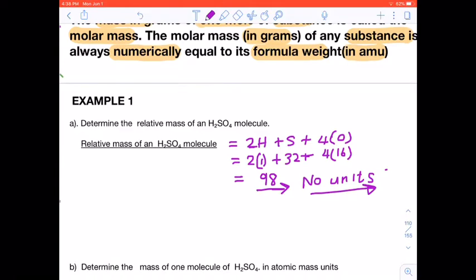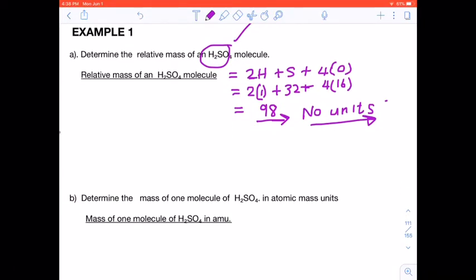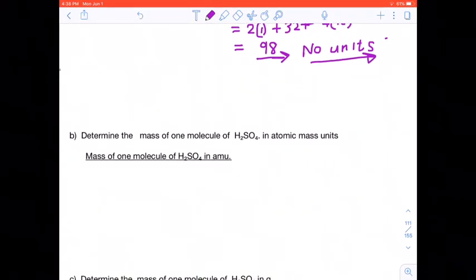But if we want to express that mass numerically as the formula weight, like we said, in AMU, and I want to determine the mass of sulfuric acid in atomic mass units, we say firstly it would also be 2 of hydrogen, plus 1 of sulfur, plus 4 of oxygens, the same thing as above.